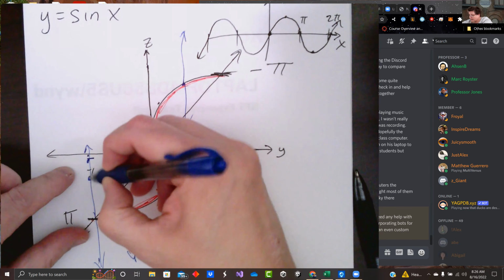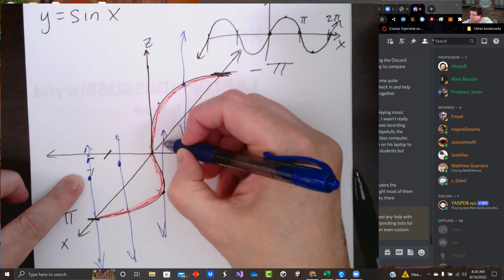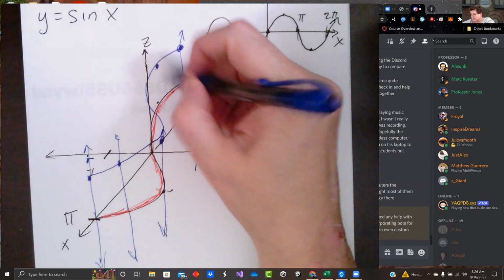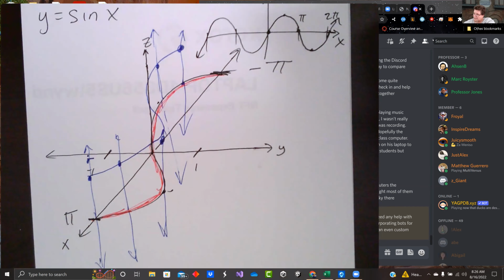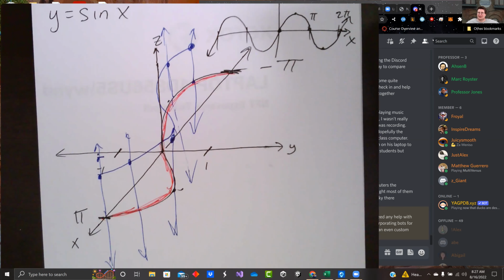Put a point there, point there, point there, point there, point there. Maybe show it connects like that. So we're making a plane that looks like a ribbon. That looks terrible.